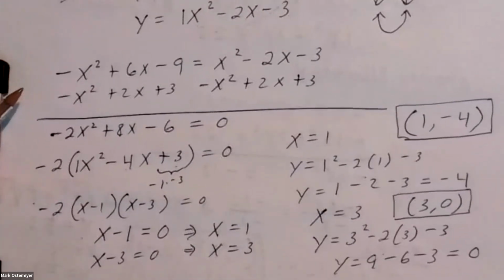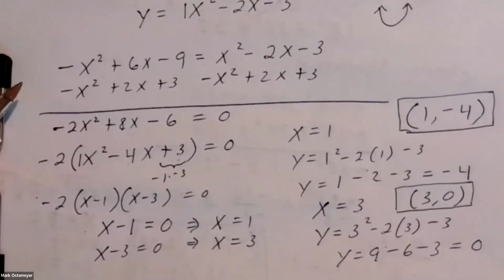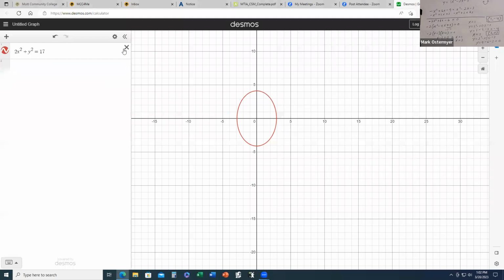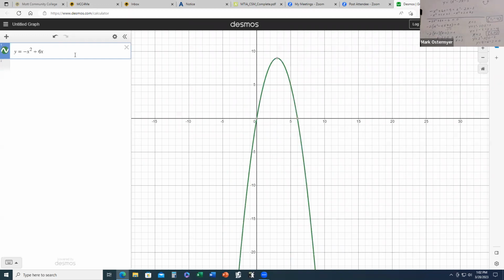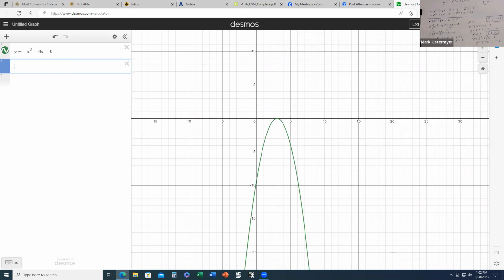Now, just for the sake of curiosity, I'm going to go back to Desmos and throw these equations in, and take a look at the graphs to convince myself that I do get these points of intersection. There's the graph of the first one.